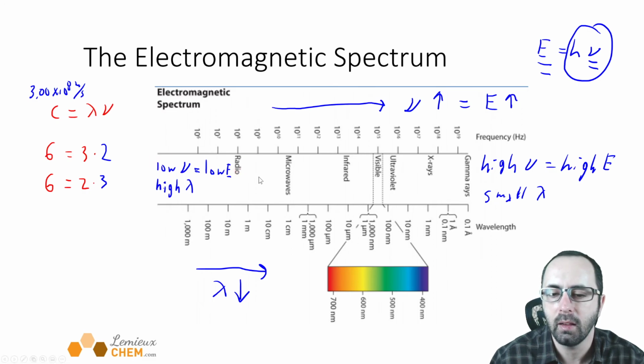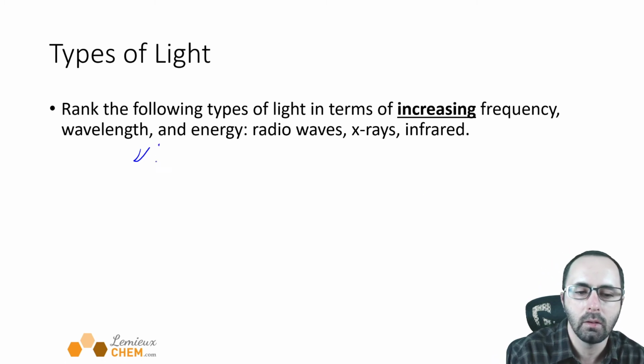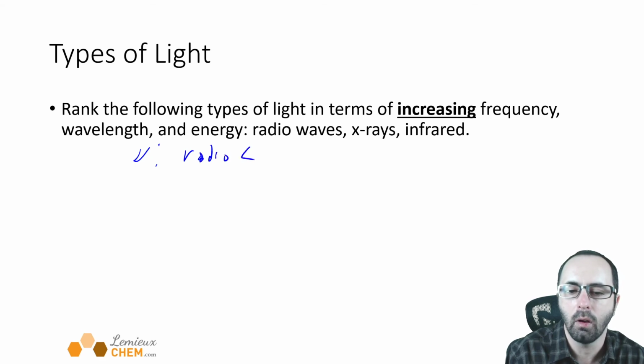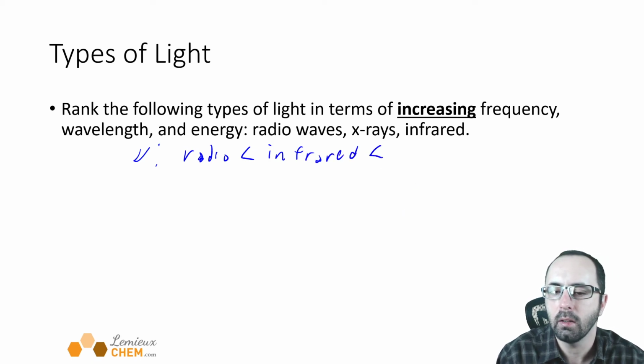And then the next is infrared. So infrared is higher frequency than the radio. And then X-rays are higher frequency than those. So in terms of frequency, radio is lower than infrared, and that is lower than X-rays.